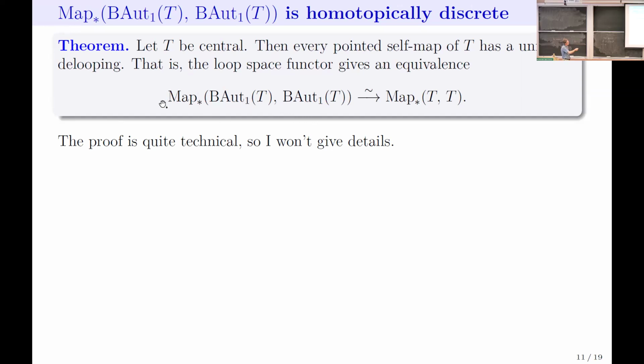And so what I mean is if you take this mapping space, apply the loops functor to get you to loops B01 and loops B01. Those loops B01 spaces are equivalent to T, so you use those equivalences and you get a self-map of T. That map is an equivalence, is the claim, which tells you that anything in its domain has a unique up to contractible choice pre-image, everything in the codomain has a unique up to contractible choice thing in the domain.